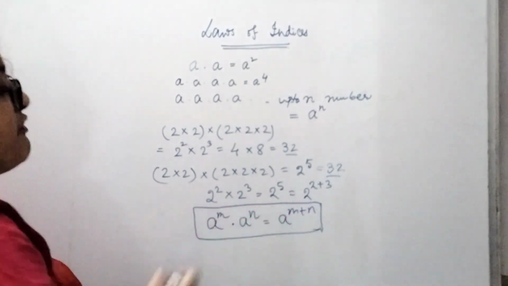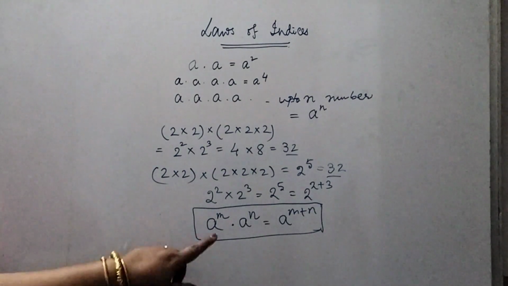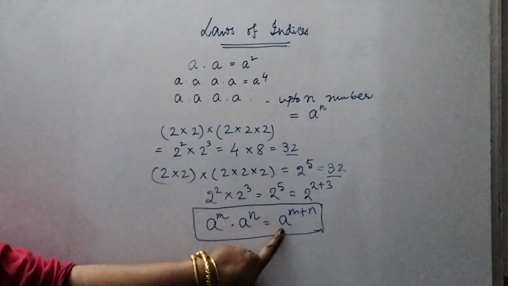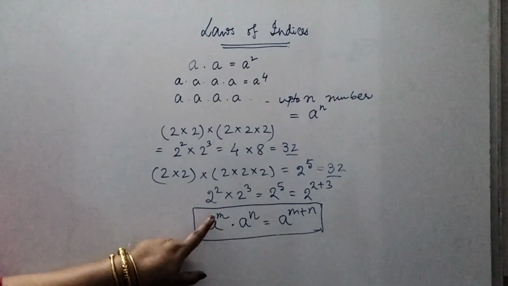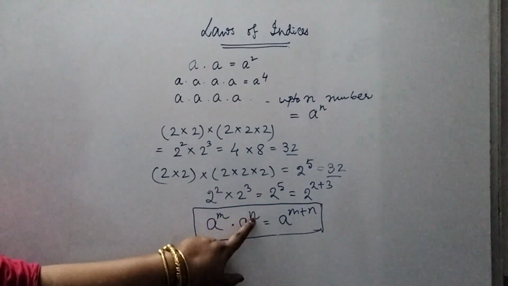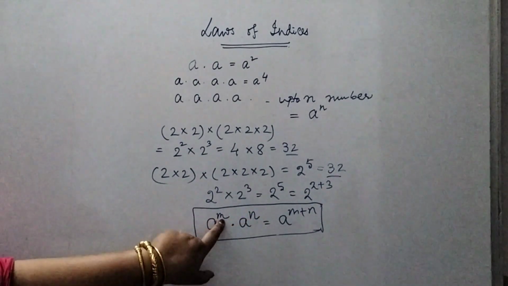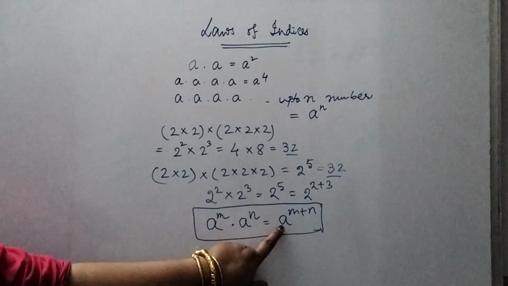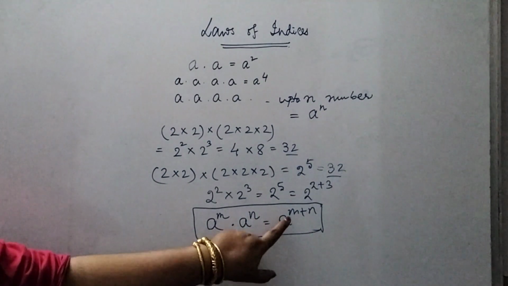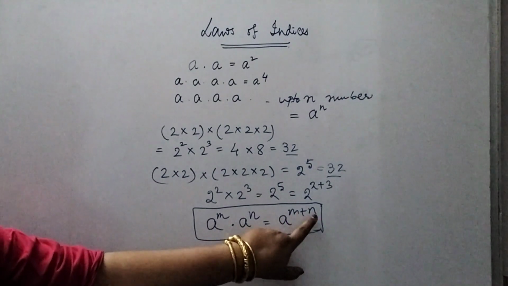So this is the first law: if the bases are the same, which is the mandatory condition, students, the bases must be the same, then even if the indices are different, suppose here it is m and here it is n, we can represent it as a to the power m plus n.